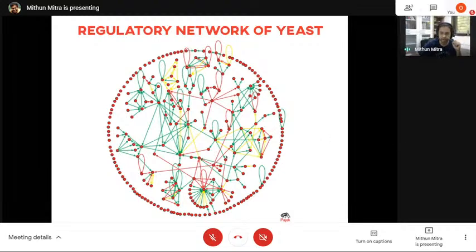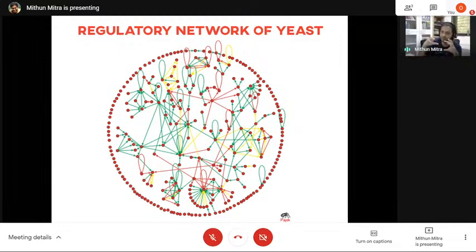For example, this protein over here is talking to this protein, this protein, this protein, this protein, and this protein. This picture as a whole, and these colored arrows mean different things, what sort of feedback it is. But anyway, let's not get into that.